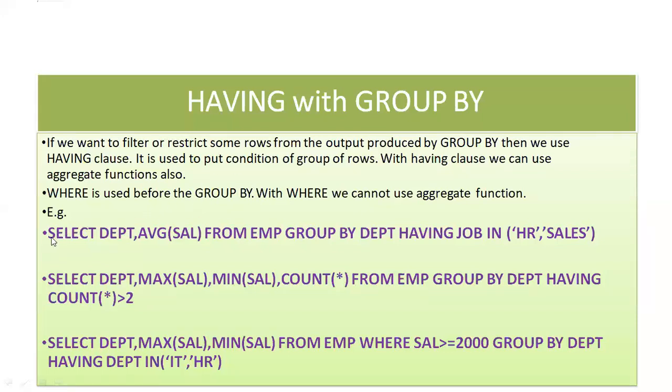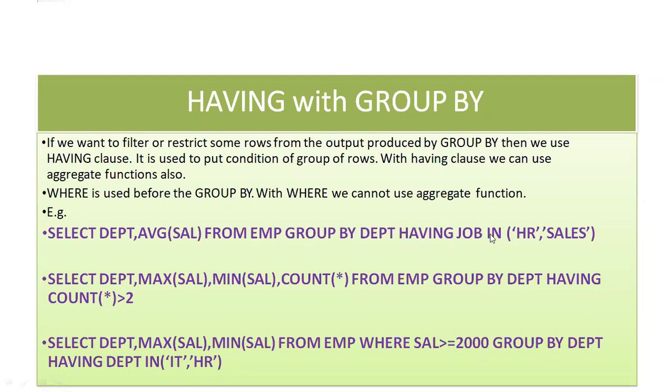See the example: select department DPT, comma AVG salary from employee group by DPT. DPT makes a group, having job. We can give HAVING job IN, using columns which cannot be made into a group, which are not logical, with the HAVING clause.